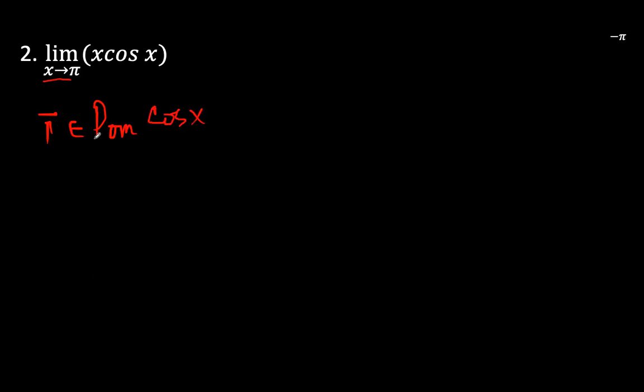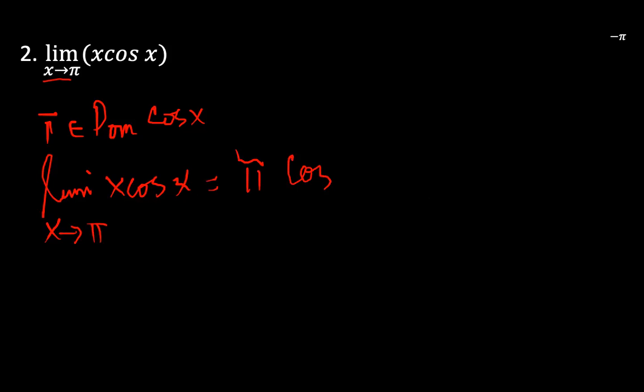So therefore, we are allowed to substitute pi for x, or we can use direct substitution. So we have the limit of x cosine x as x approaches pi is equal to pi times cosine pi.